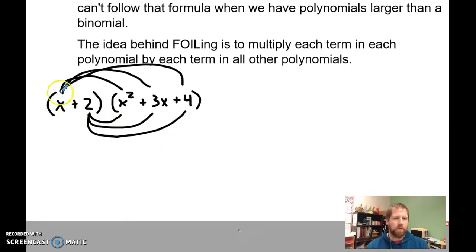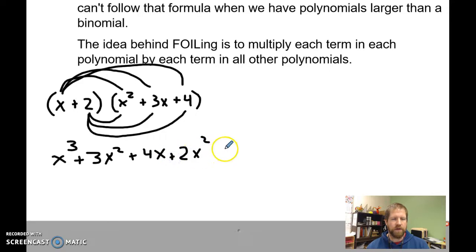So x times x squared is going to be x cubed. x times 3x is a positive 3x squared. x times 4 is going to be 4x. 2 times x squared is going to be positive 2x squared. 2 times 3x is going to be 6x, and 2 times 4 is 8.